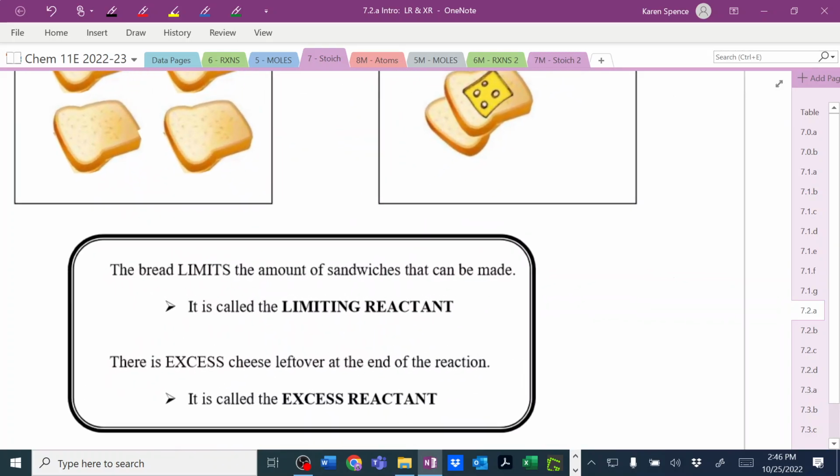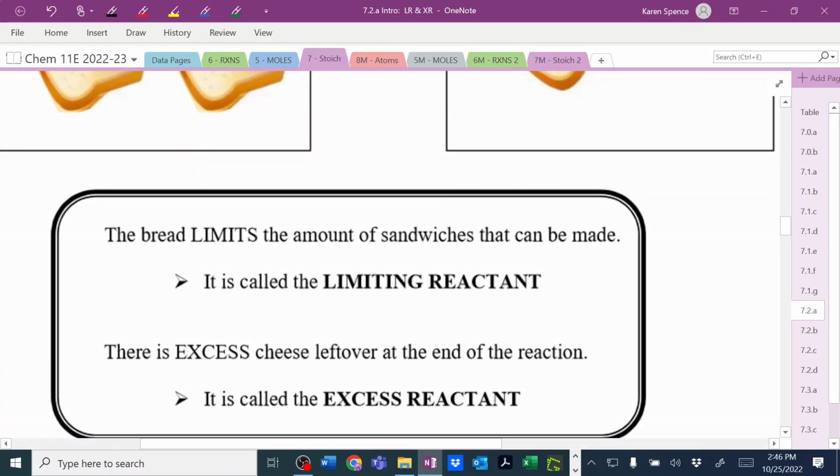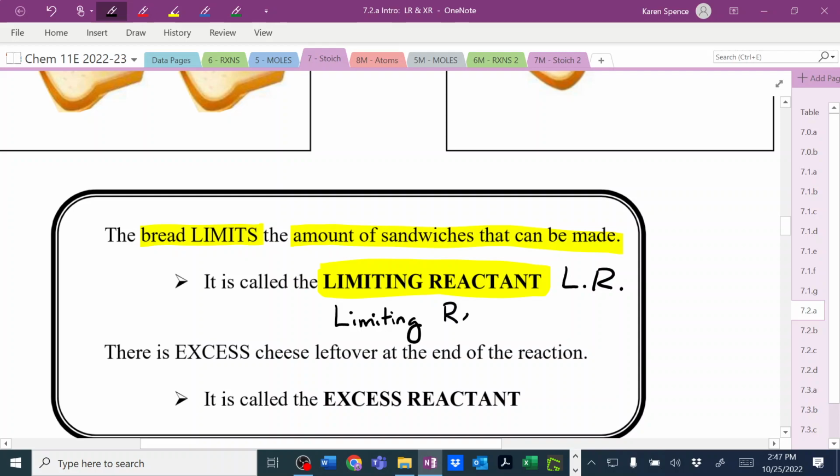Okay. This is where we learn some terminology. The bread limits the amount of sandwiches that can be made, and that is why we call it the limiting reactant, which we will often abbreviate as LR. You will also hear it referred to as the limiting reagent.